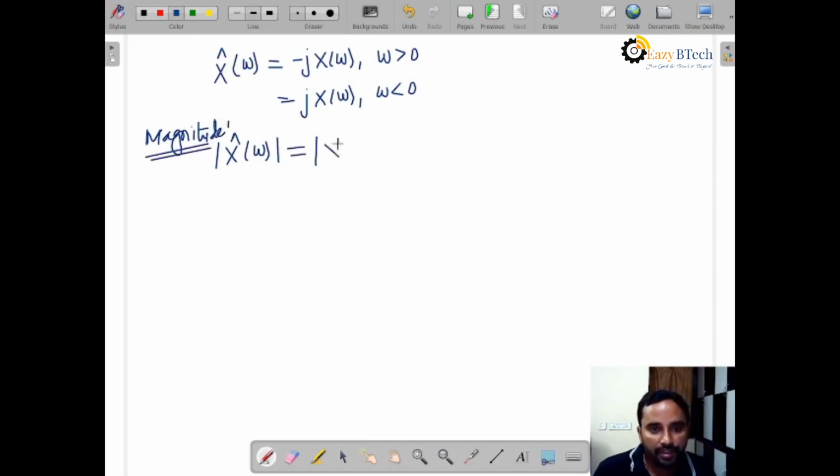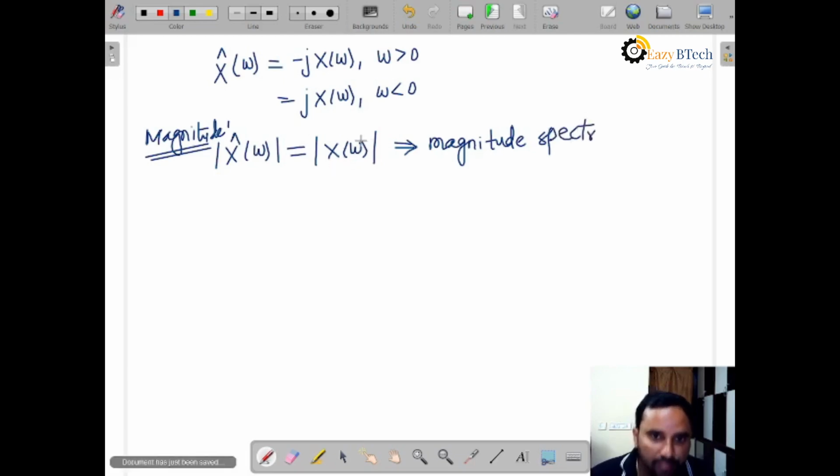The magnitude of x cap of omega is the magnitude of x of omega. That means the magnitude spectrum is the same. The magnitude spectrum of x of omega and of x cap of omega is the same. This is the point.